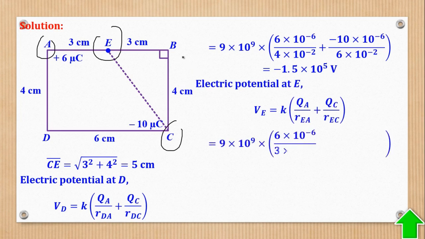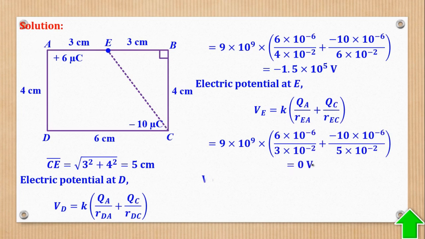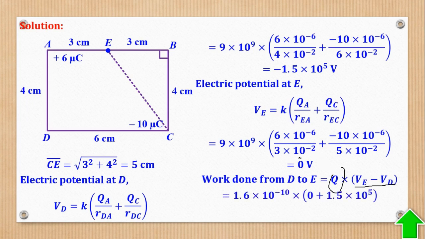So we shall substitute and get the output, which is 0. Therefore, the work done from D to E is equal to the charge being transferred times the potential difference, which will be that, and then you get the answer which is needed. So work done from point to point, you will use potential difference. Work done from infinity to a point, we use electric potential.